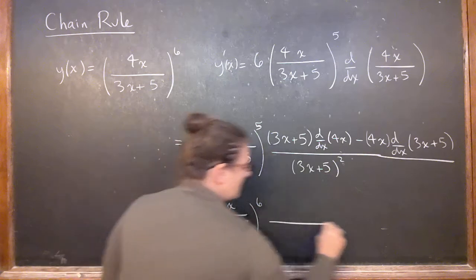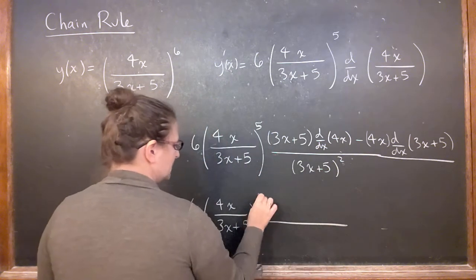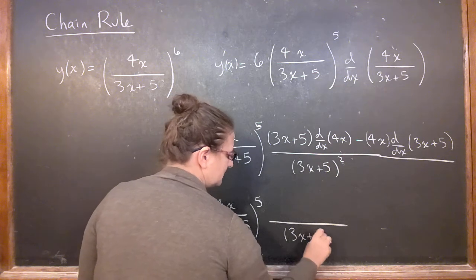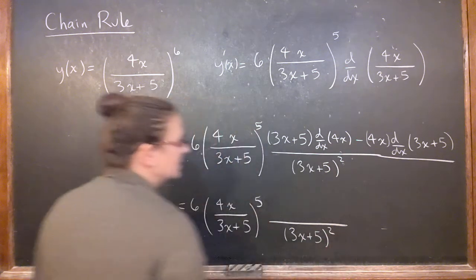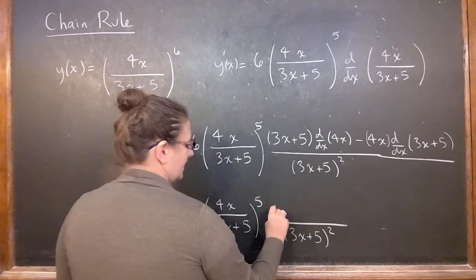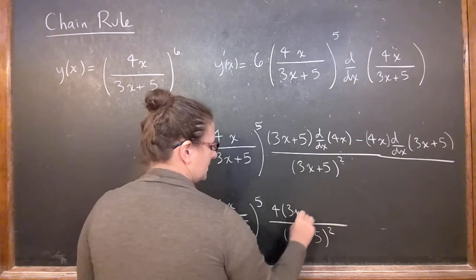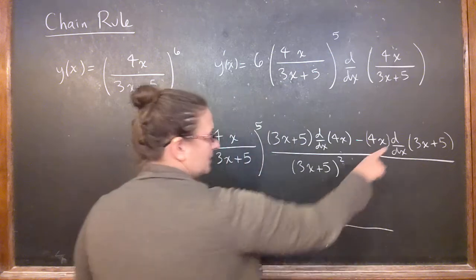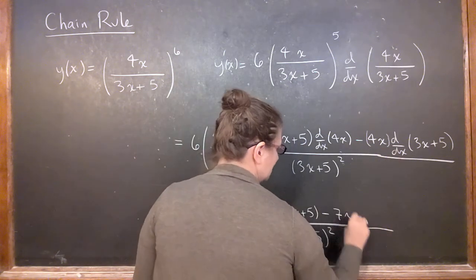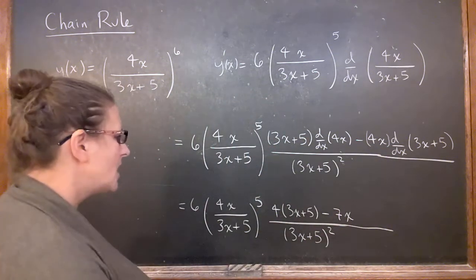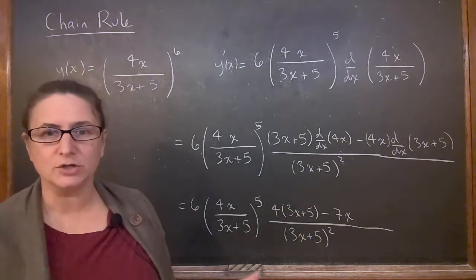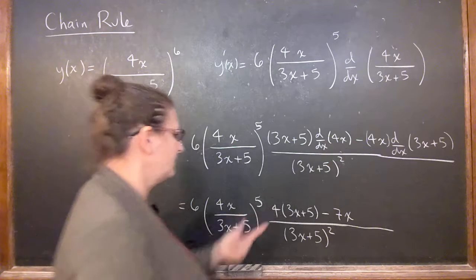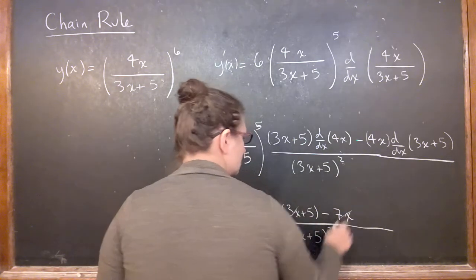So this bottom part, sorry, whoops, it's going to be 5. This bottom is 3x plus 5 quantity squared. Now my top is 4 times 3x plus 5 minus, this would be 3 times 4 is 7x. Okay, so, I mean, there's always a question, how much simplifying should I do? Well, to be perfectly honest, these 7x's immediately cancel out, right?